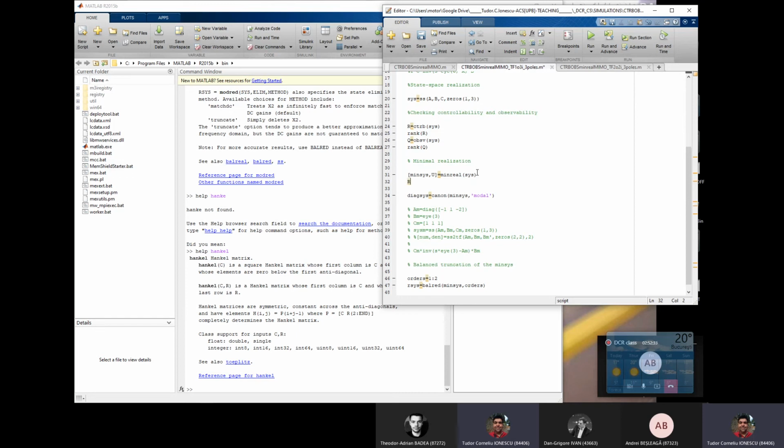So here we have R M equals ctrb of min sys. So these are the minimal ones. These are to be reduced. obsv of min sys.